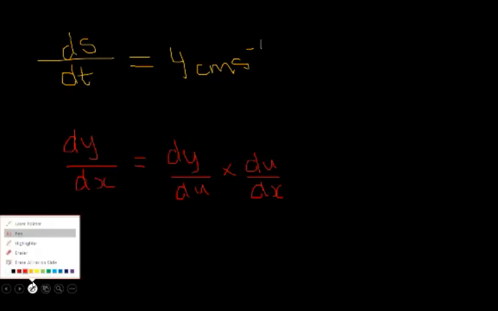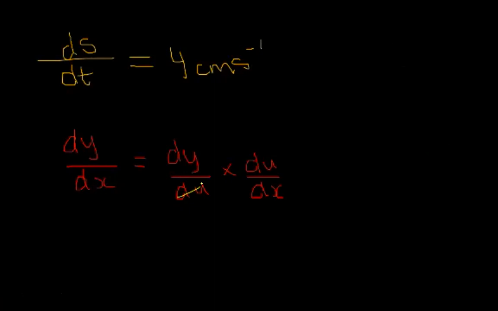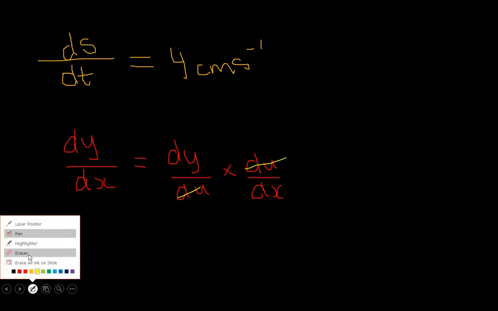A way for you to remember it is that this numerator, this denominator and this numerator would cancel in a sense. I'm using that very loosely, because they don't actually cancel, it's just to help you remember. So this denominator and this numerator would cancel to give me the dy on dx. That's just to help you remember, right?